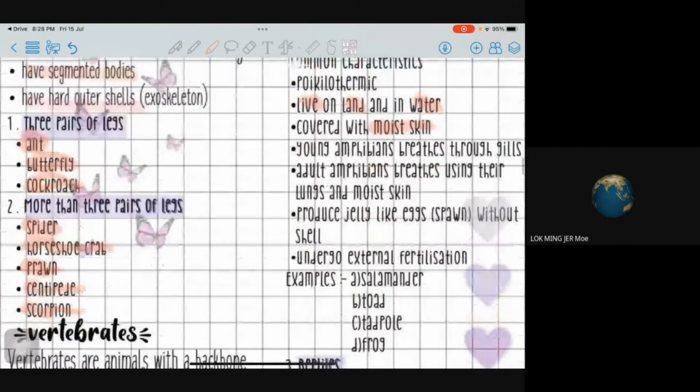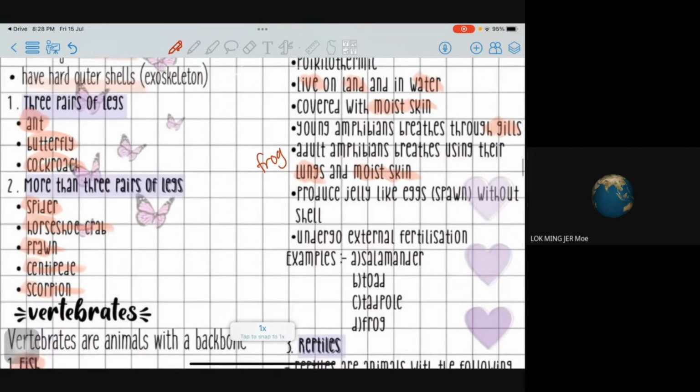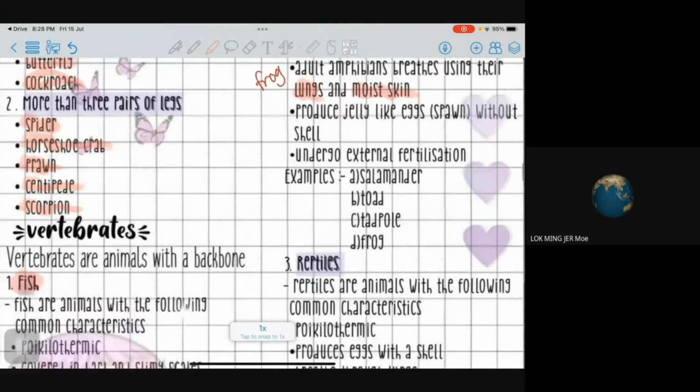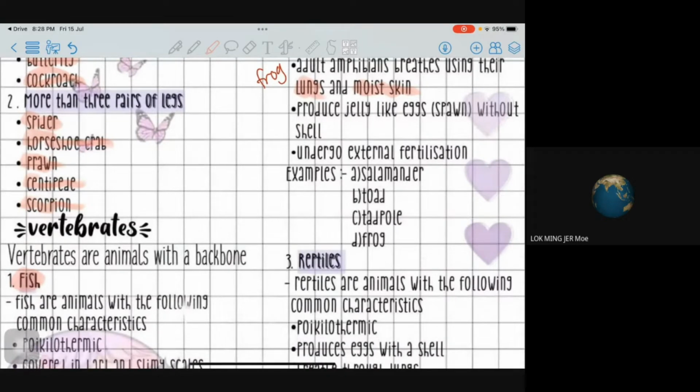Young amphibians breathe through gills. Adult amphibians breathe using their lungs and moist skin. For example, what? Frogs. And then they produce dairy-like egg spawn, which is without shell, and undergo external fertilization. For example, tadpole, frog, toad, and salamander.